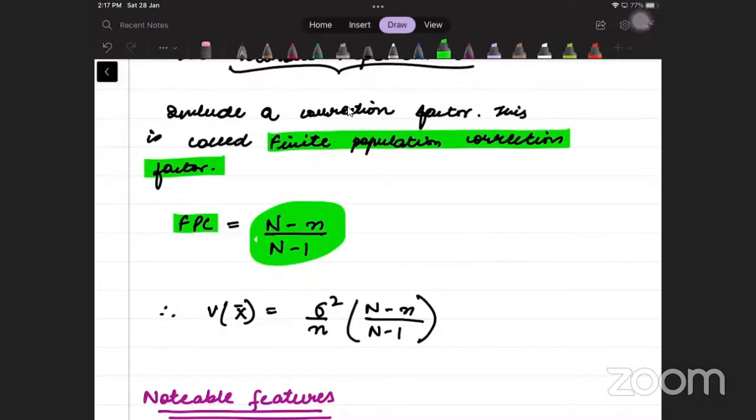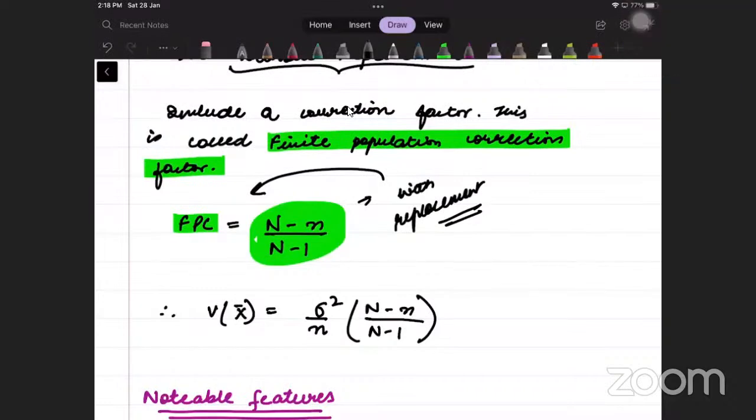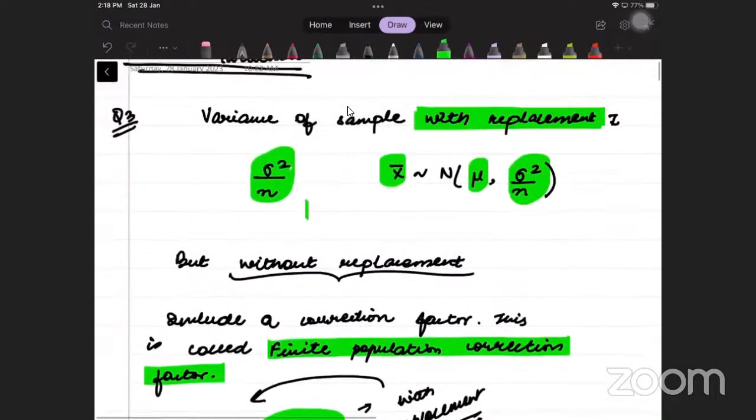So remember that whenever I talk about the without replacement part, we will have a correction factor, N minus n upon N minus 1. So in the variance for without replacement, you will include this correction factor. This is how the two will be different.